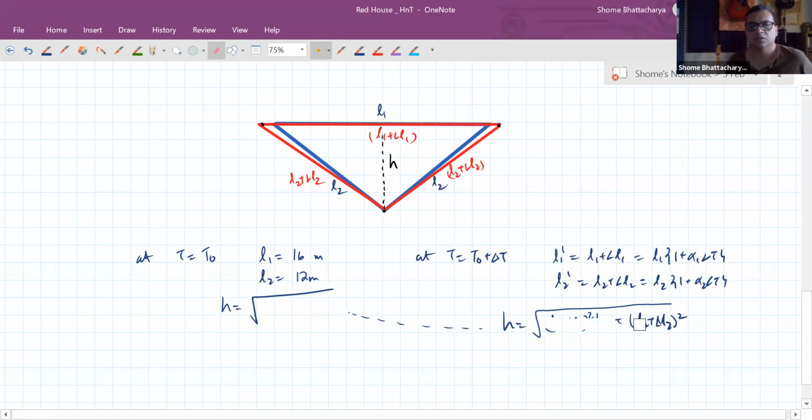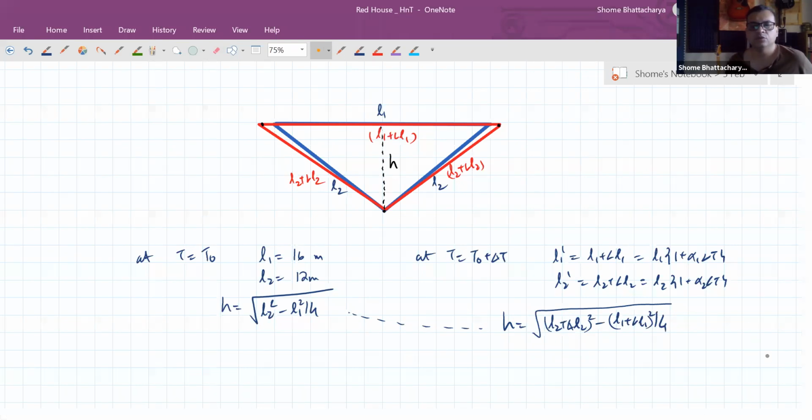The formula is L2 square minus L1 square by 4. And here that will become L2 plus delta L2 whole square minus. But the idea is that individually these lengths have changed for the hypotenuse and the base, but the perpendicular, which is the height, is remaining the same.